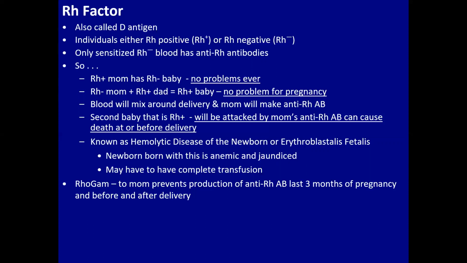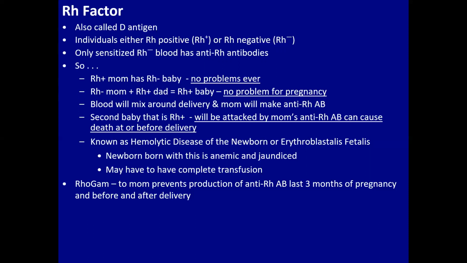All right, so this is where it becomes an issue. It's about women having babies. So if an Rh positive mom, she has the D antigen, has an Rh negative baby, that is not a problem. She has not been exposed to, she already has the Rh positive, right?